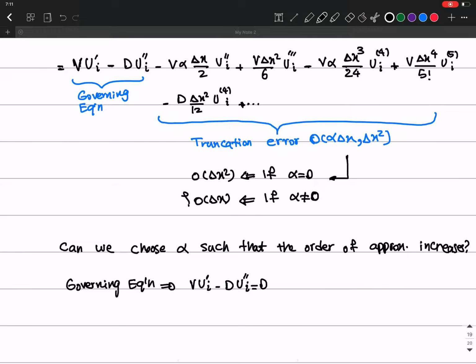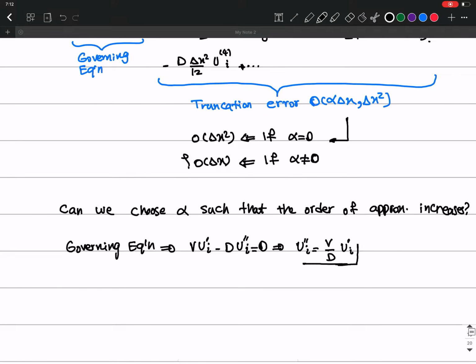This gives us an interesting relationship: u double prime i equals v over d times u prime i.